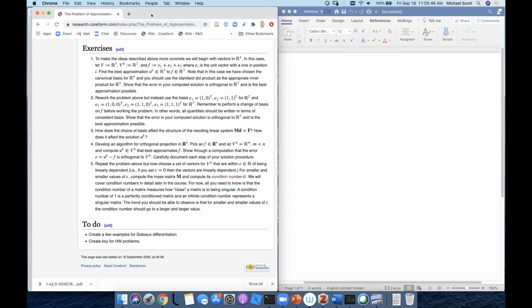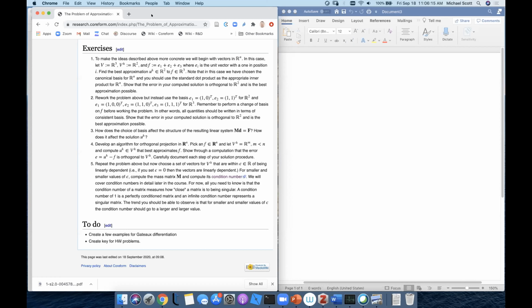I'm going to talk a lot about it later, but right now you just compute it. All you have to know is big numbers are bad. That's the extent of your knowledge at this point. What you should see is that as you get closer and closer to a numerical linear dependency, the condition number should get bigger and bigger.